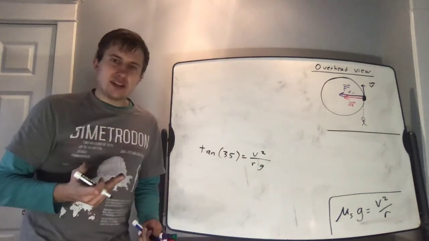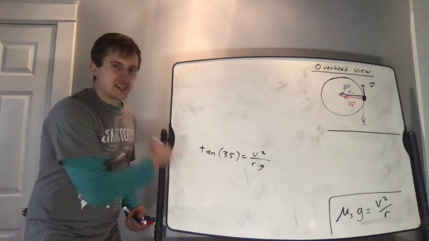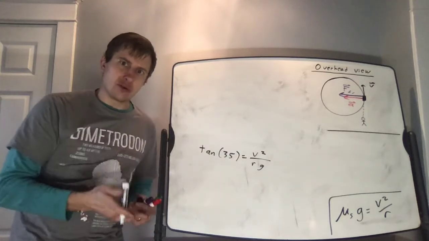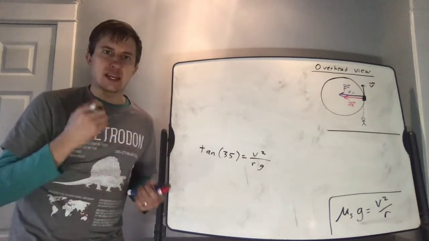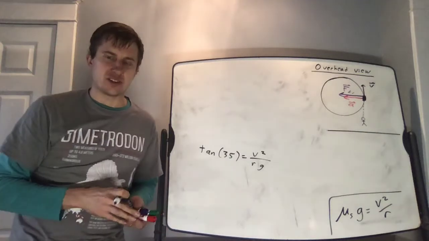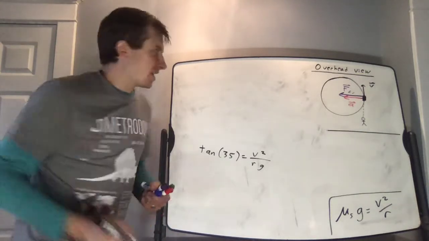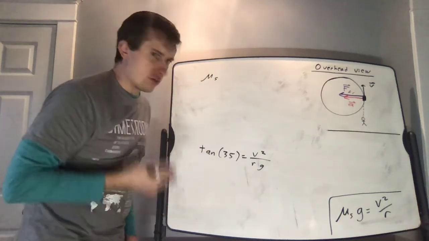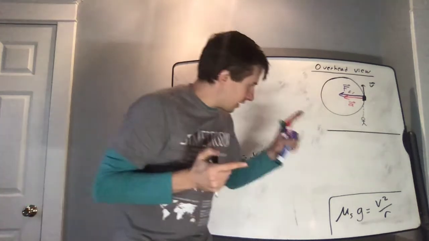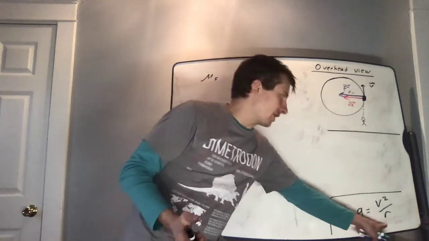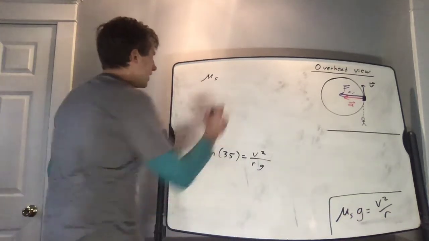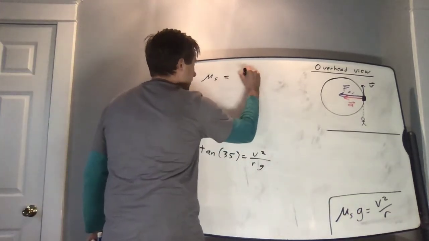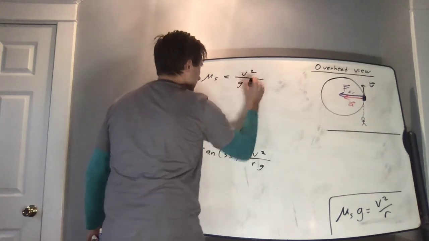At this point, let's compare what we found just now to what we learned much earlier when we were looking at the motion of the vehicle itself. Earlier, we learned that the coefficient of static friction between the tires and the road, bringing the gravitational acceleration 9.8 to the right-hand side, could be written as v squared over g times r.